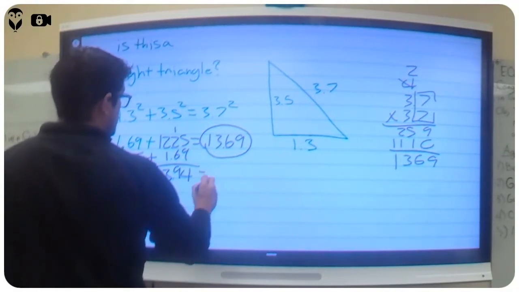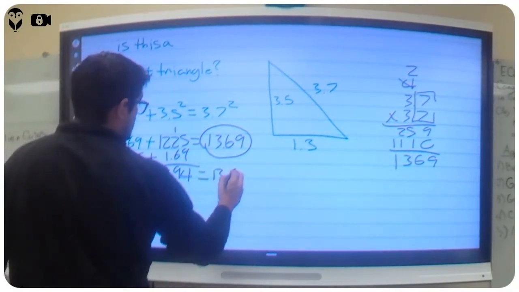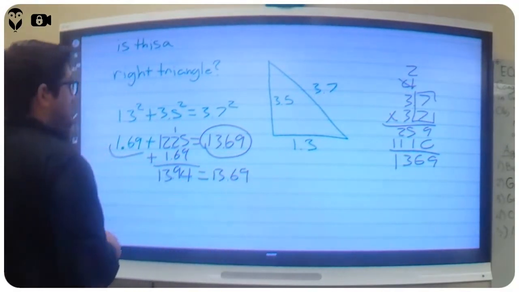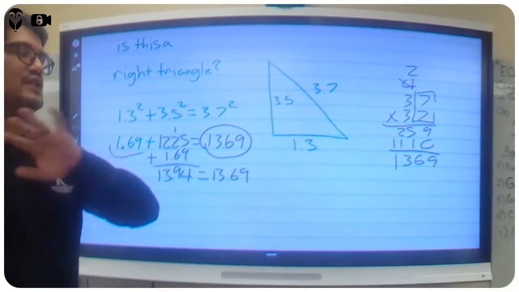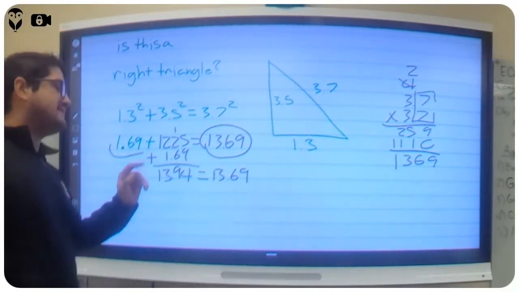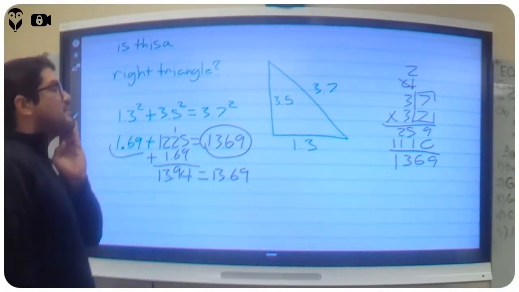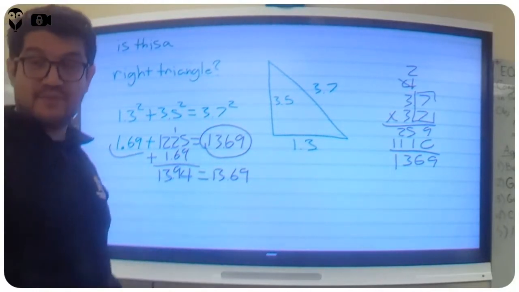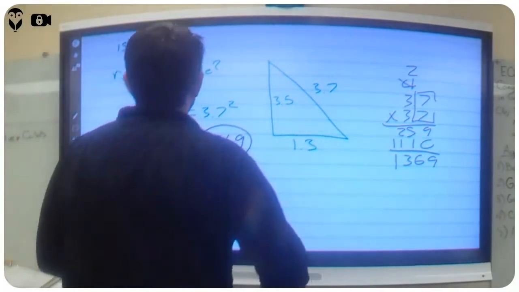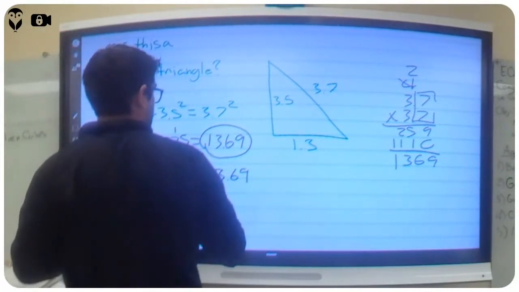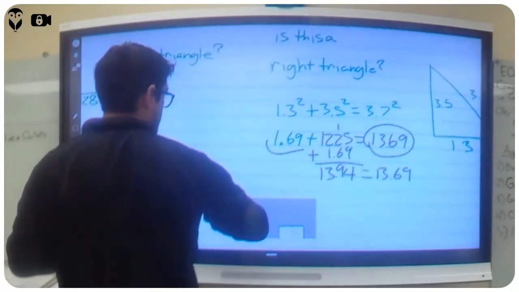So this is going to make 13.94, and this is going to make 13.69. Hopefully I didn't mess up anywhere, but this is a no. They are not the same. But what if you round it to the whole number? No, they are not the same, so it is a no. Okay? So that one's not that bad. So not a right triangle.